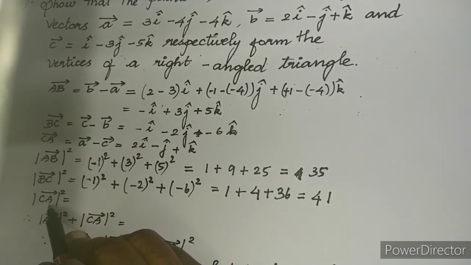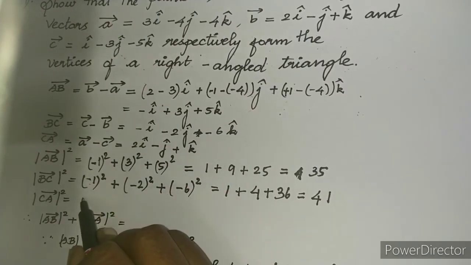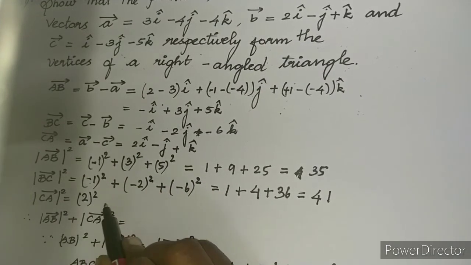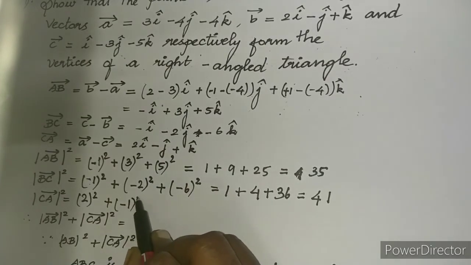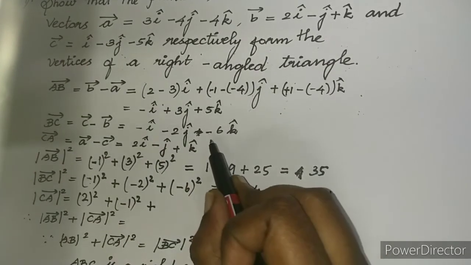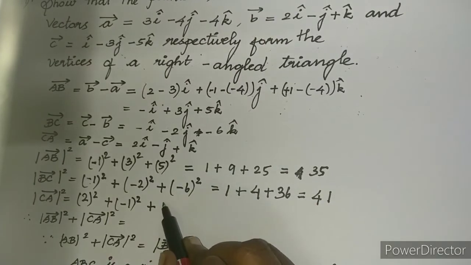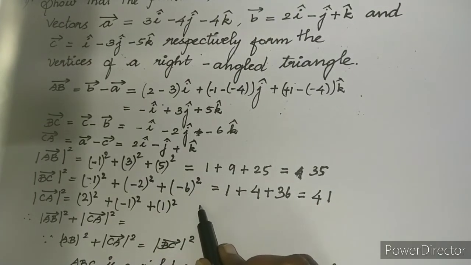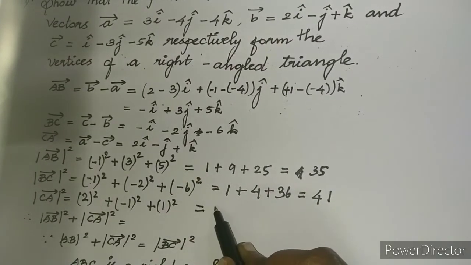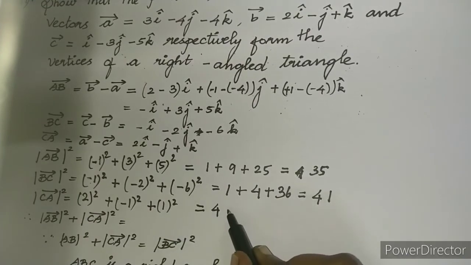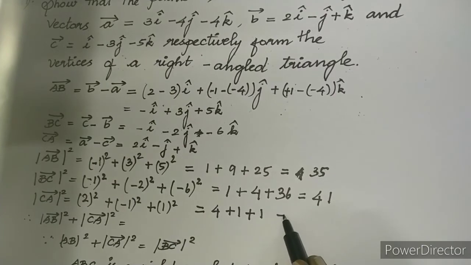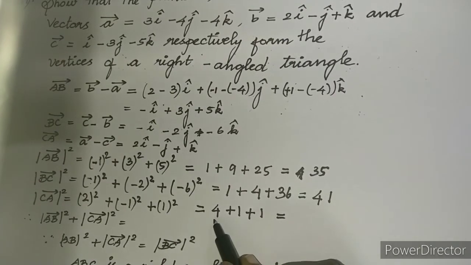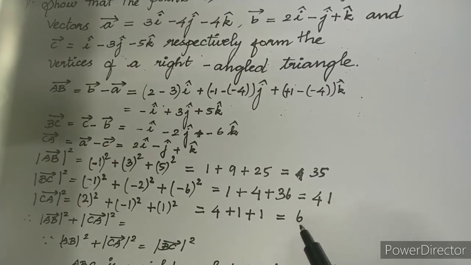Similarly, the magnitude of CA whole square is 2 square plus minus 1 square plus 1 square, which is nothing but 2 square is 4, minus 1 square is 1, 1 square is 1. 4 plus 1 plus 1 is 6.